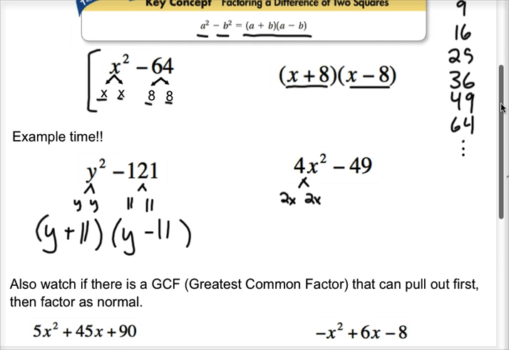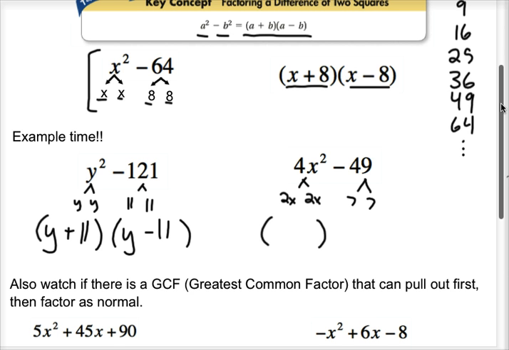So this time that 4x squared, if you were to square root it, we're talking about 2x. That's the piece that makes up the perfect square. And then 49, the square root of that is 7. It breaks down into 2 sevens. So again here, I definitely know I'm talking about the difference of squares here. Two perfect squares being subtracted.